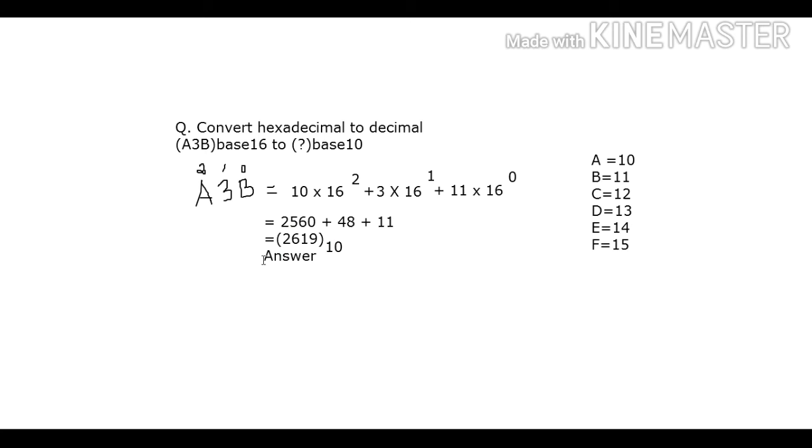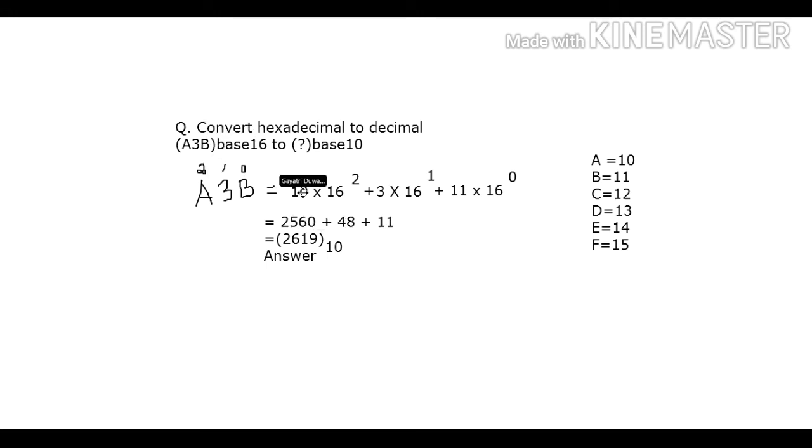See here one thing. What number is given? A3B, base 16 to base 10, means hexadecimal to decimal number. First we will mark the powers: 0, 1, 2.